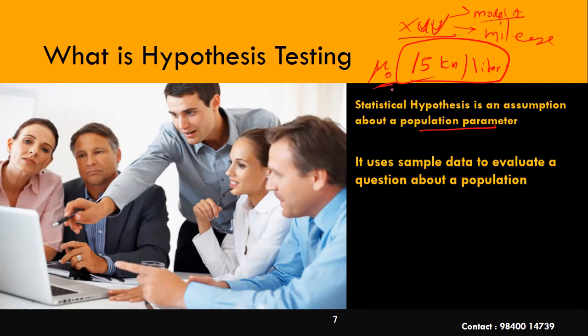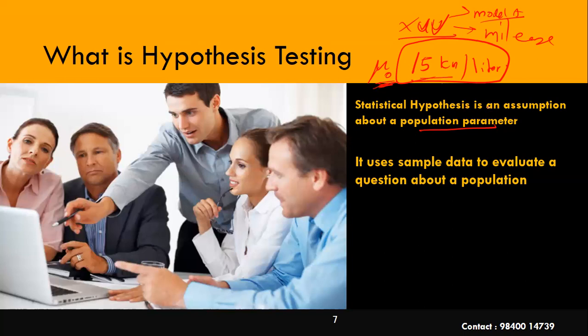That is the claim made by the manufacturer in the advertisement: you can get 15 kilometers per liter if you buy Model A. So this is what we assume as the hypothesized mean.